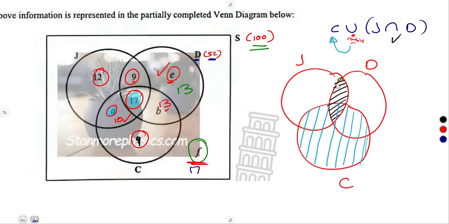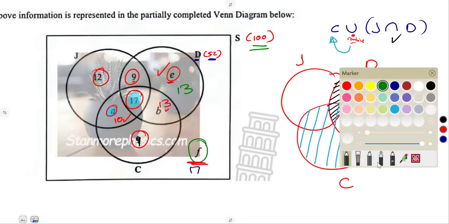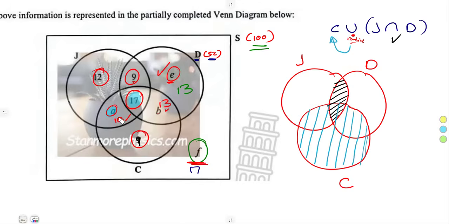Every shaded part that we see, because of the union. Union means combine. So on our solution, we are going to take this part that is shaded, the A, which is representing the 10, the 17, the 9, this section here. This is the section that I'm talking about on our diagram. Every part of this section.